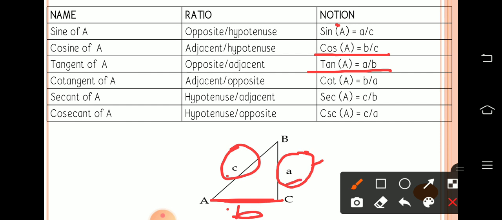Secant of A is hypotenuse over adjacent, so sec A is c over b. Cosecant of A is equal to hypotenuse over opposite, so we write cosecant A is equal to c over a.